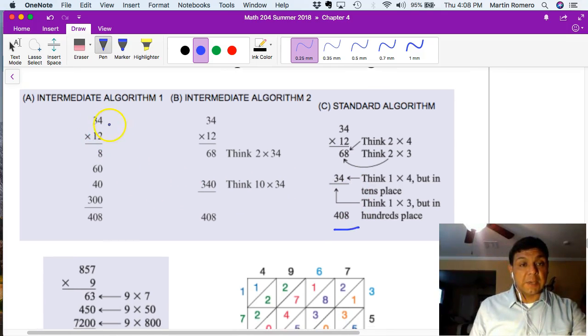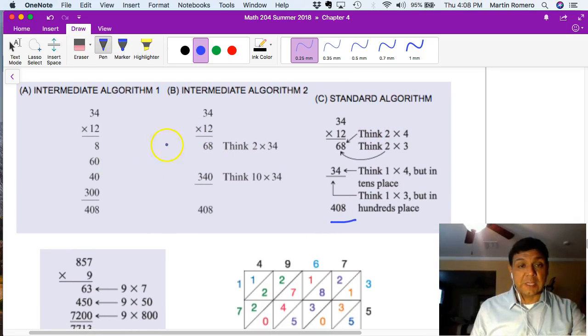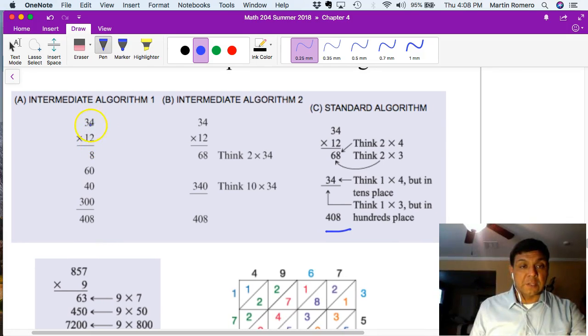Other ways to think about this in an intermediate, in-between way, hence that word intermediate, you can think 2 times 34, and then 10 times 34. Really what's going on is distributive property. You may also see it here. 2 times 4 is 8 right here.